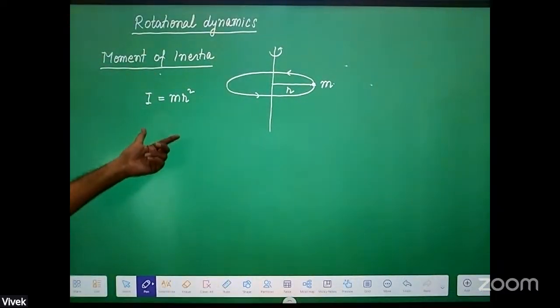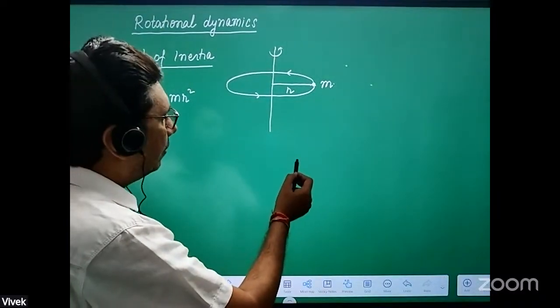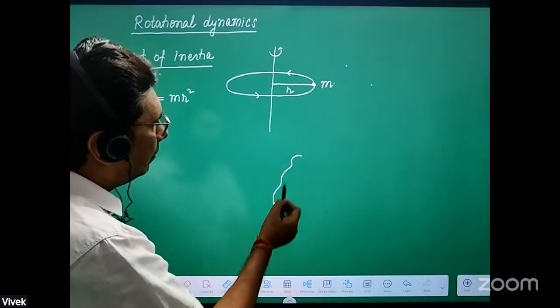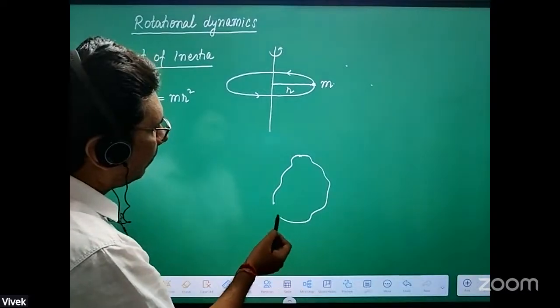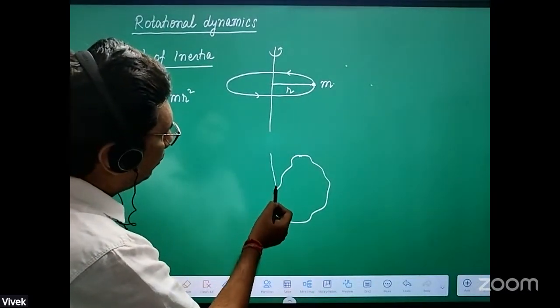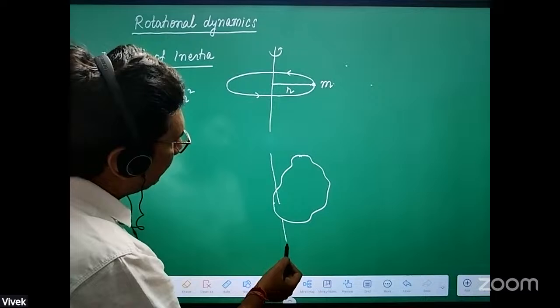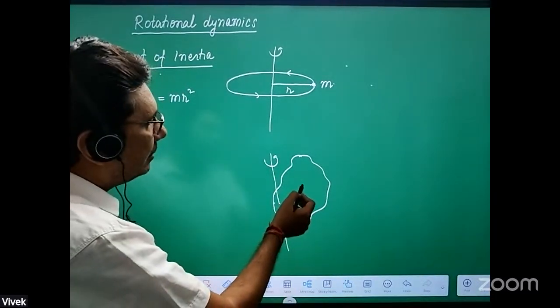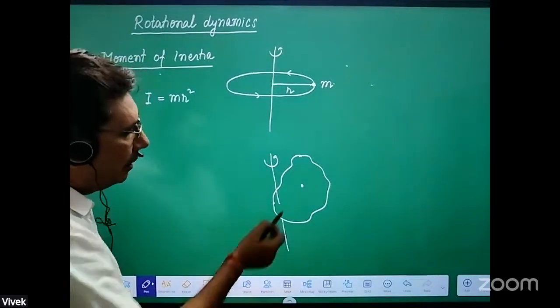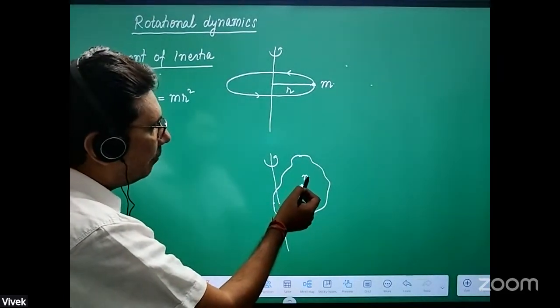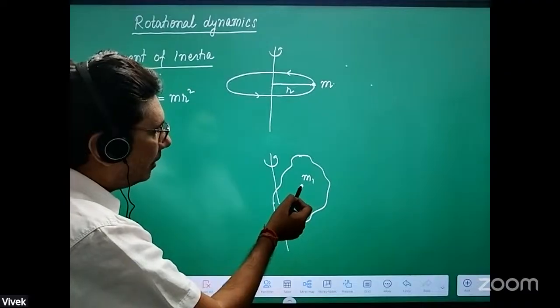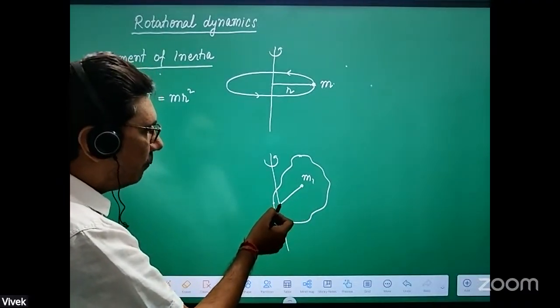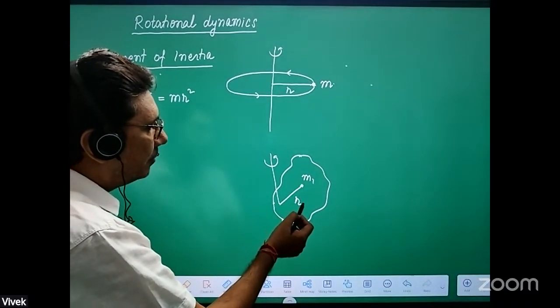Now, how does it come into the picture, how can you observe it? Suppose you have an object like this, for example, and it is rotating about this axis. I consider one of the particles here, and its mass is m1, and draw a perpendicular from here to the axis.